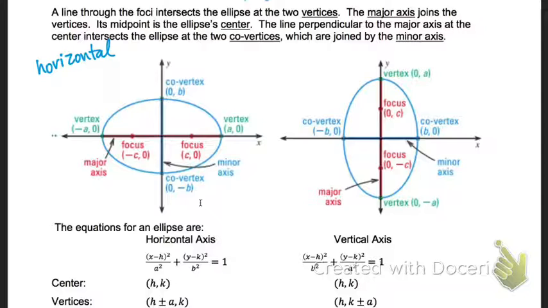So this distance right here, we would call that a major axis. And then the vertical length would be the minor axis. So major just means that it's longer, and the shorter axis would be the minor axis.